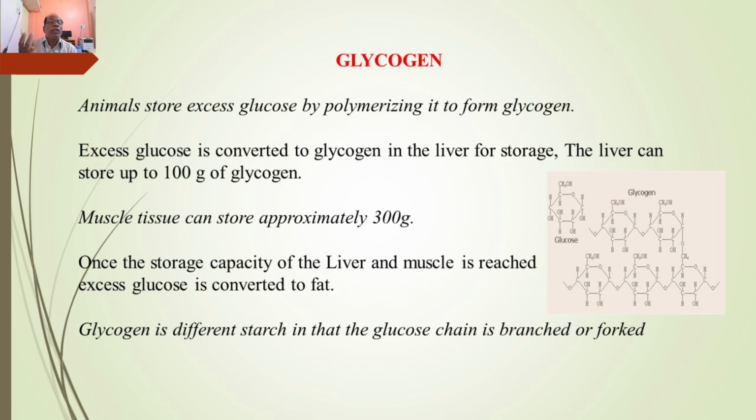So the storage capacity of the liver is about 100 grams of glycogen, or about 300 grams of glycogen can be stored in the muscle tissues. Once the storage capacity of the liver and muscle is reached, excess glucose is converted to fat.